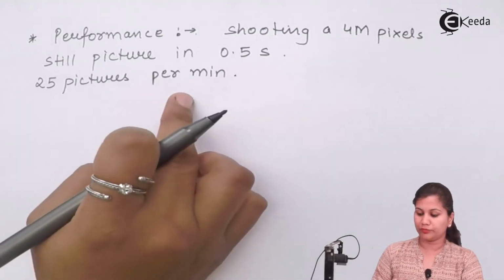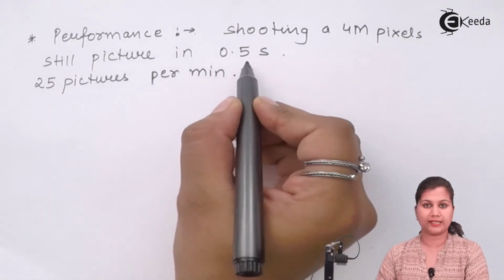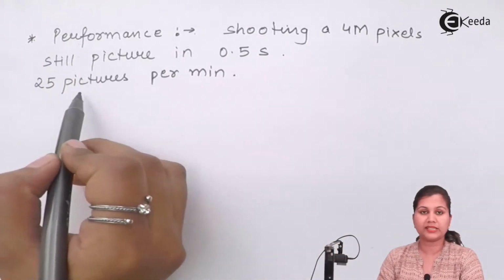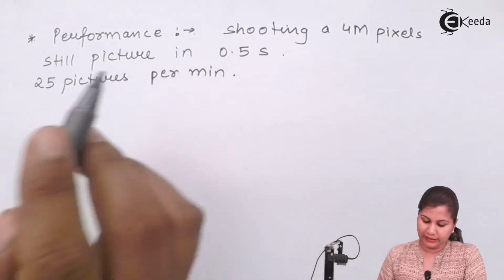So if the camera has such specifications, then its performance is 25 pictures per minute.